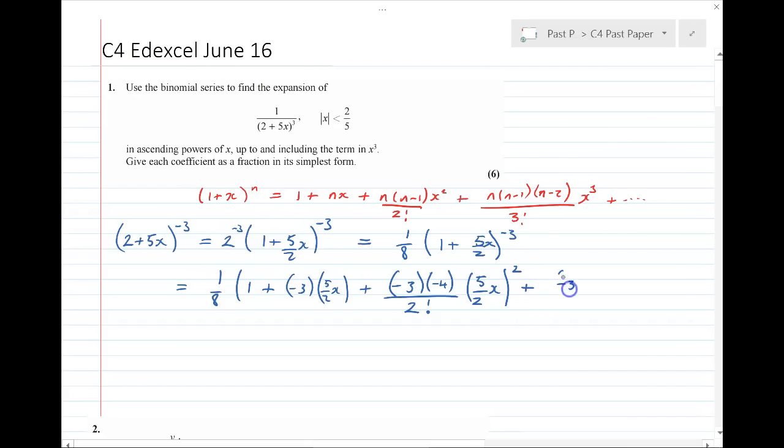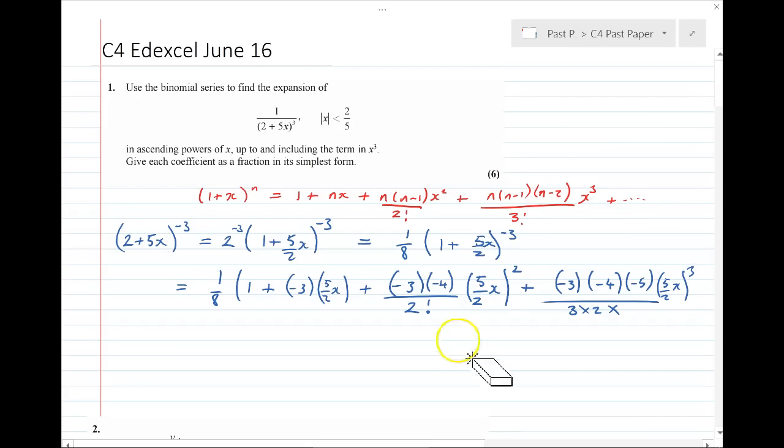That's -3 times -4 times -5 over 3 factorial, 3 times 2 times 1, times (5 over 2 x) cubed.